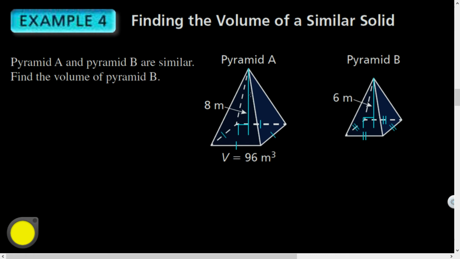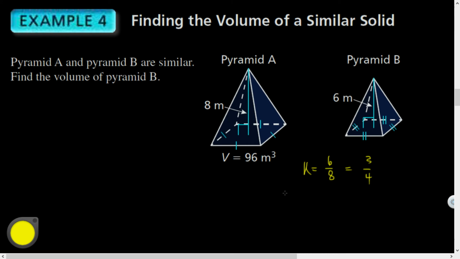If I know the volume of this one, let's see, this one is 8 meters high, this one's 6 meters high. What is the scale factor? So K is going to equal 6/8, which is 3/4. So in terms of linear dimensions, Pyramid B is 3/4 the size of the bigger pyramid.